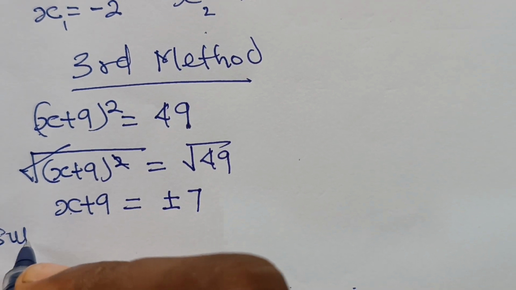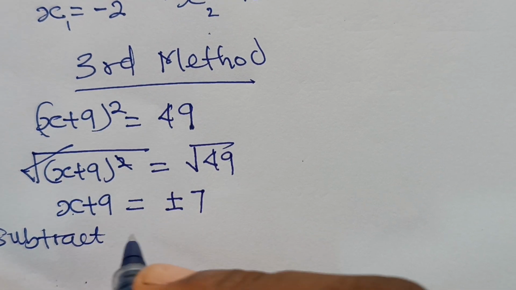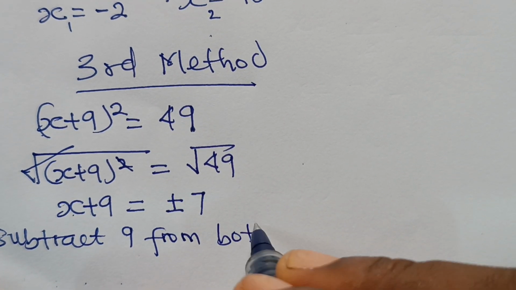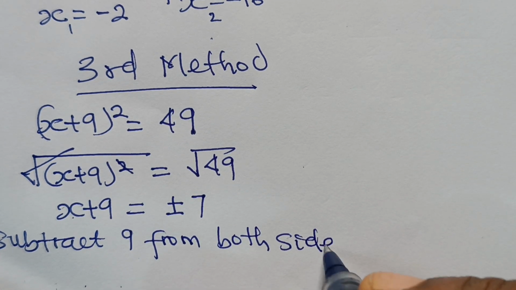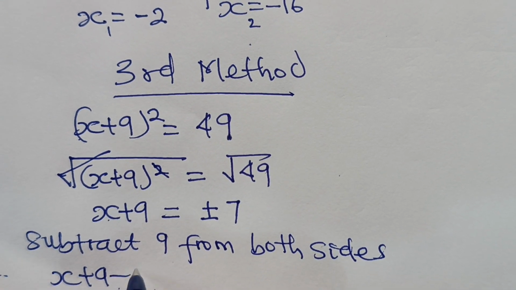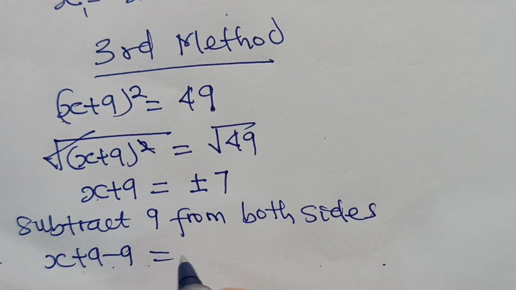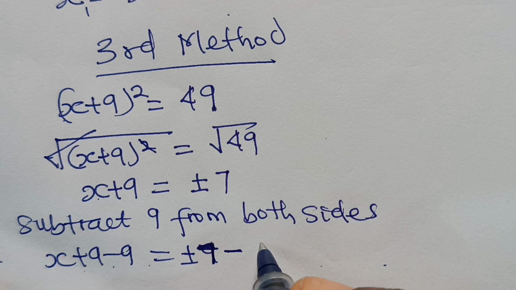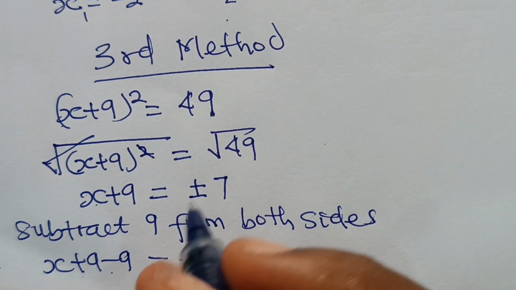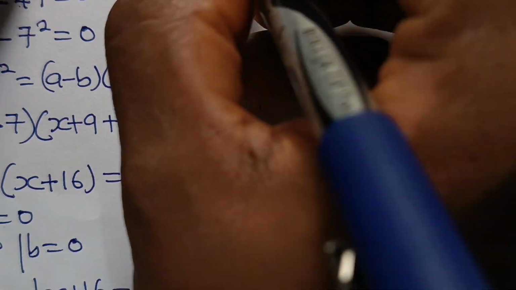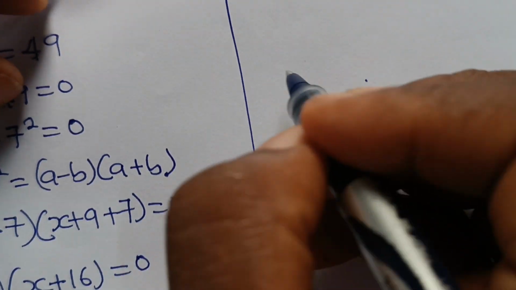So, subtract 9 from both sides. Okay. So, if we do that, we have x + 9 minus 9 is equal to plus or minus 7 minus 9. Now, plus 9 minus 9 will give us 0.